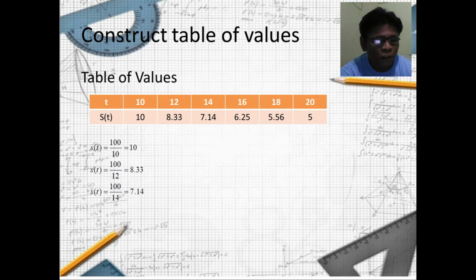We do not include 0, because that is undefined, so it is not included in the t values. We also do not include negative numbers, because there are no negative numbers in time. That is why I chose 10, 12, 14, 16, 18, and 20.